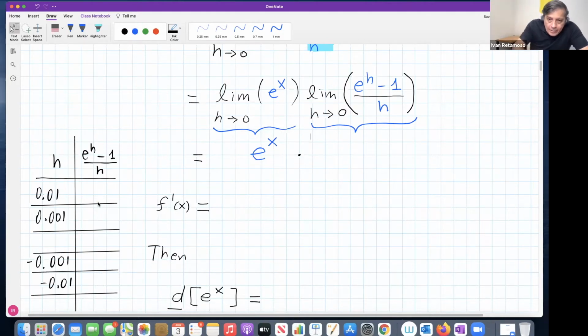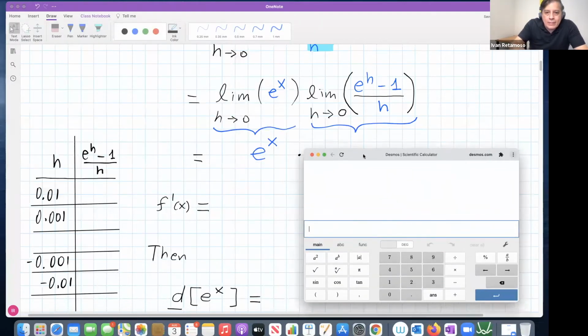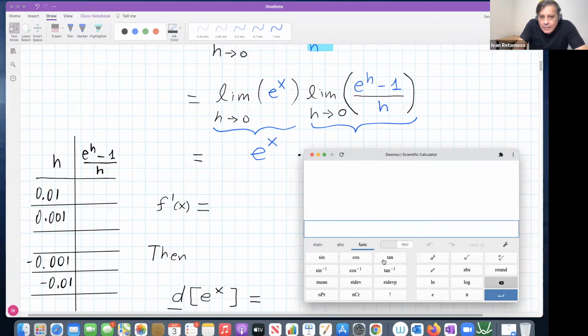So bringing out our scientific calculator, our decimal scientific calculator, let's do the computation. e raised to h minus 1 over h. Where is e to the x, Professor? Well, you can type just e, or you can use the function notation here, e raised to h minus 1 over h.